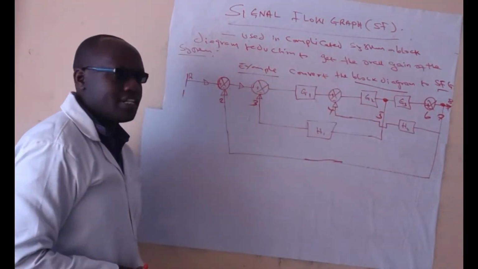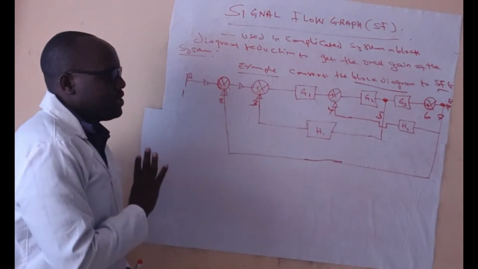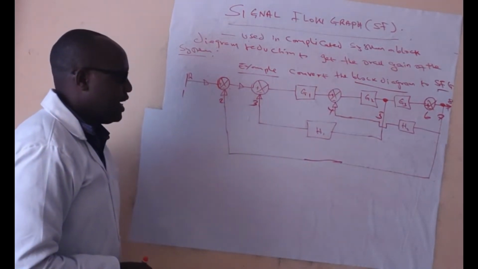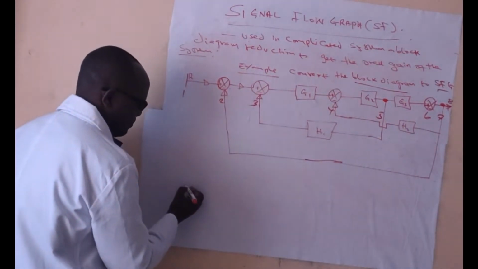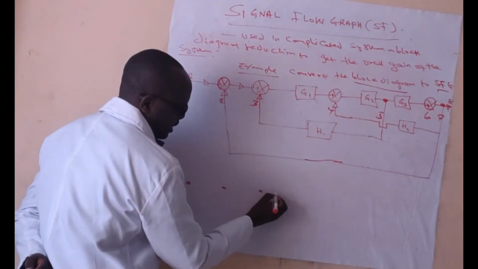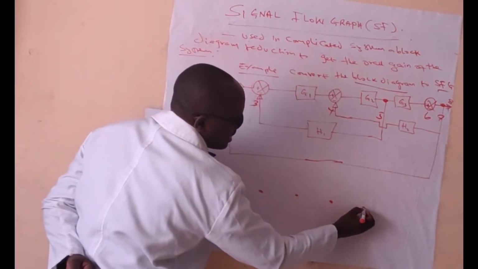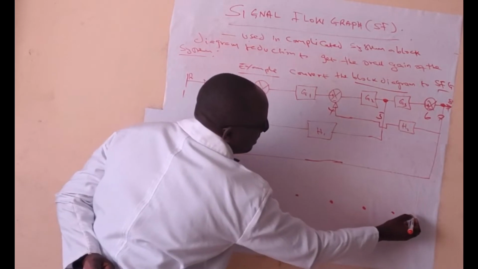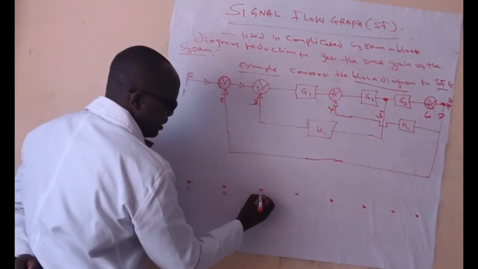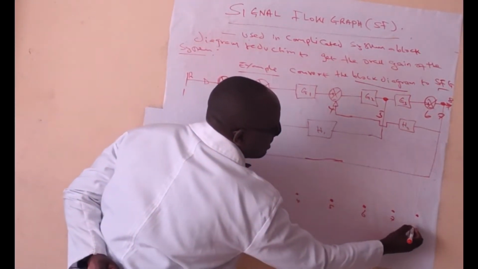Based on our block diagram, we can come up with 8 nodes. Let's count them: 1, 2, 3, 4, 5, 6, 7, 8. Then we can label them: 1, 2, 3, 4, 5, 6, 7, and 8.